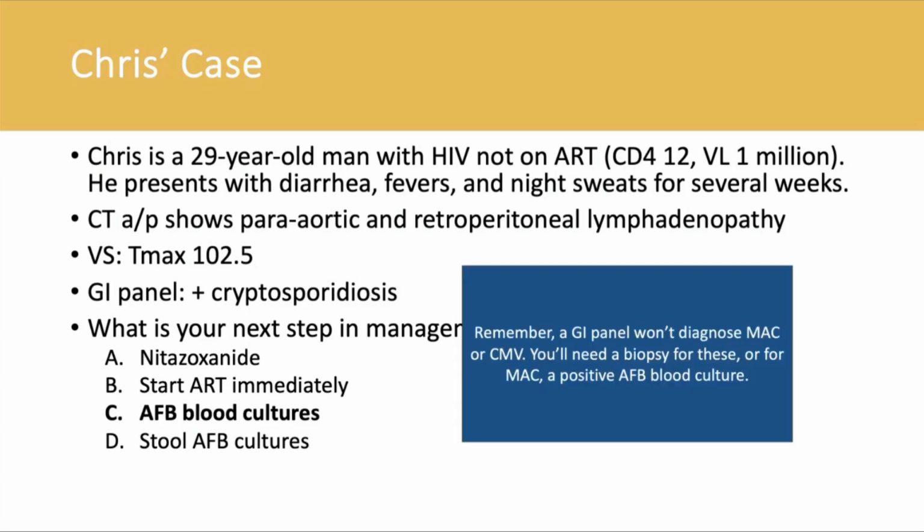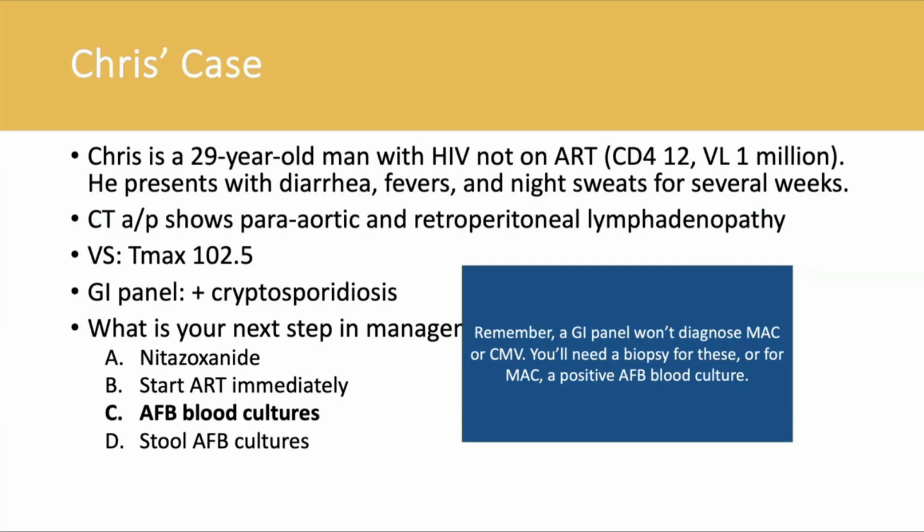Yeah, the GI panel won't diagnose MAC or CMV, which are two big causes of HIV-associated diarrhea. So you'll need AFB blood cultures, or a biopsy for CMV. But I think the point of this question is also to remember that people who are so severely immunocompromised, especially when your CD4 count is under 50, can have, and usually do have, multiple infections at once.